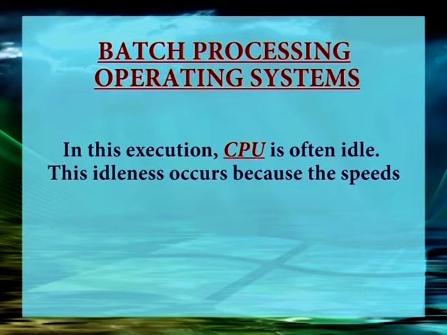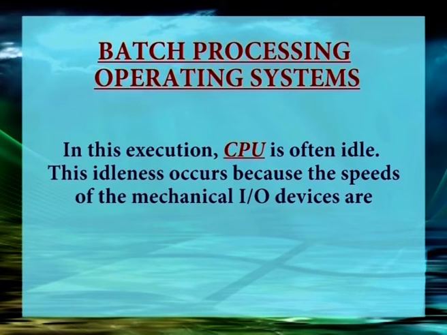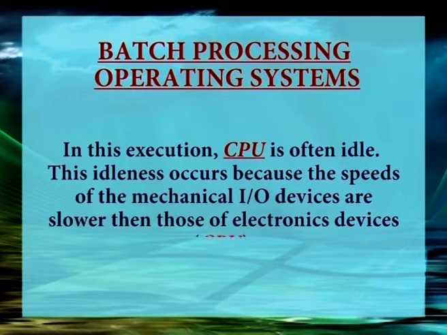This idleness occurs because the speeds of the mechanical input output devices are slower than those of electronic devices such as CPU. To balance the speed mismatch between input output devices and CPU, the concept of spooling, which can be termed as simultaneous peripheral operations online, is introduced.